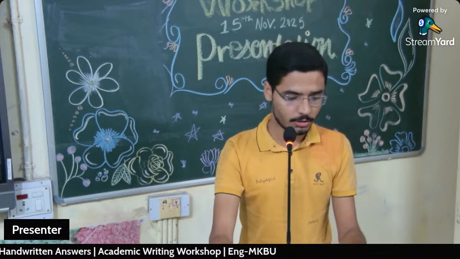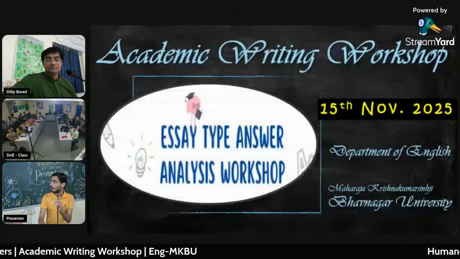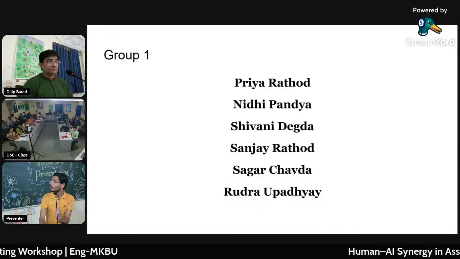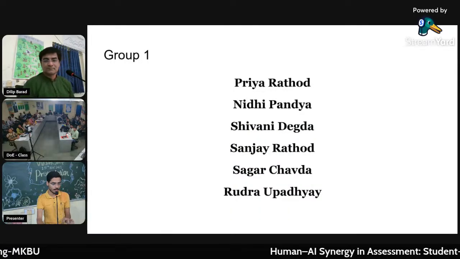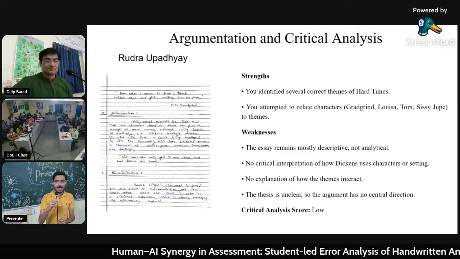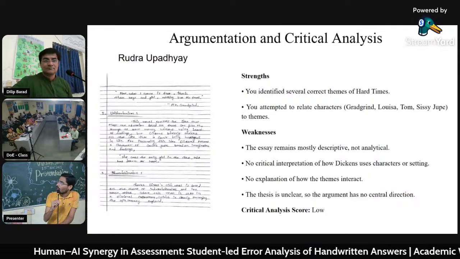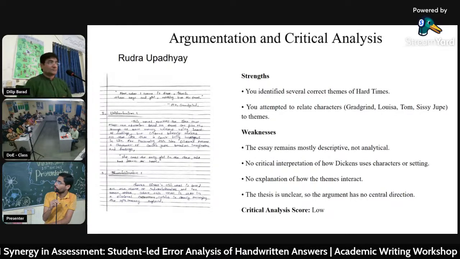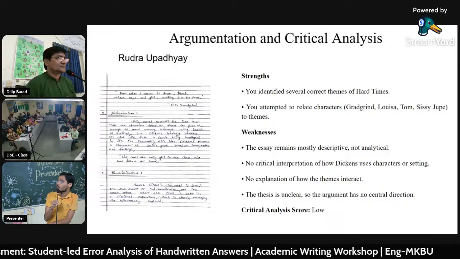We have 6 members in our group. I did some mistakes as well as some good points which the AI tool has analyzed in my answer.